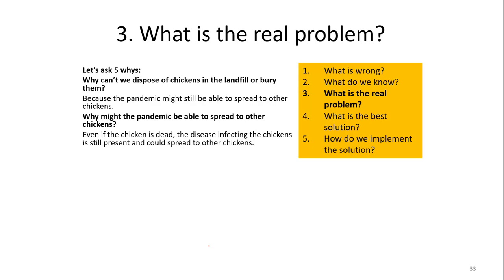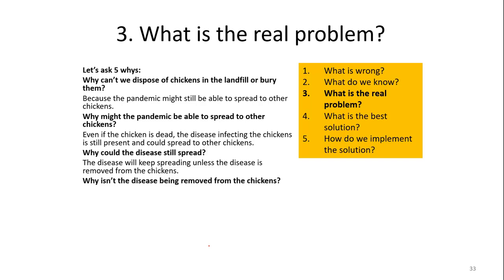Well, the disease is going to keep spreading unless we remove it from the chickens first. Okay, so why isn't the disease being removed from the chickens? Well, that would require us to treat the chickens with some treatment like heat, UV, or other biochemicals to disable the disease.